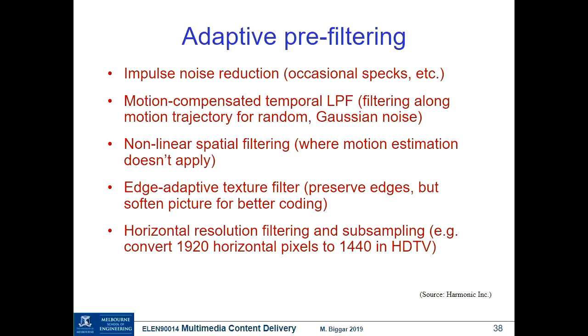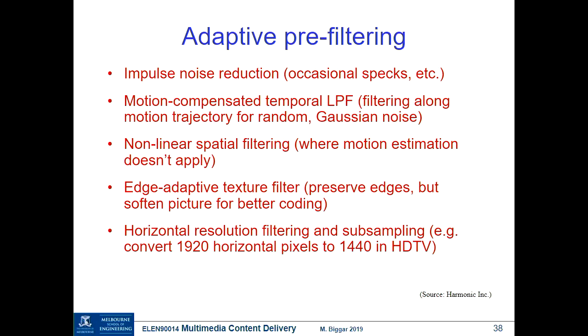Maybe we want to smooth out other noise as well, but it's labelled there in the dot point as nonlinear spatial filtering, and that's because we want to preserve edges. We always want to preserve edges if we can. We can smooth out the whole picture by just applying a Gaussian blur across the whole picture, but we're going to lose definition.